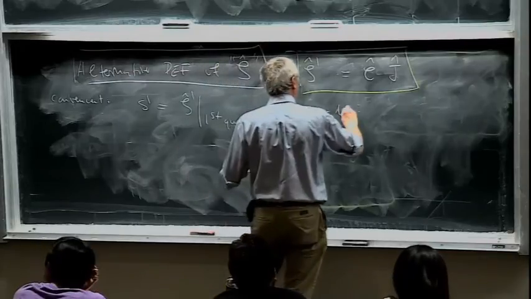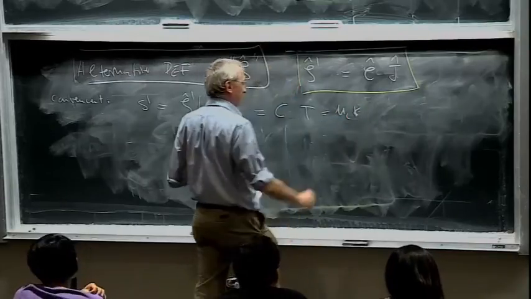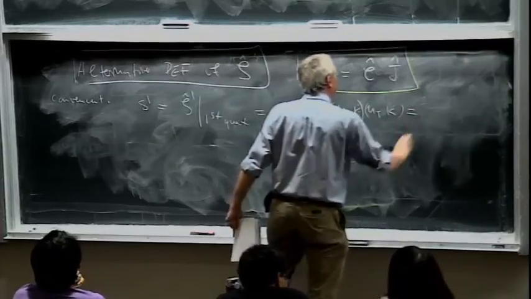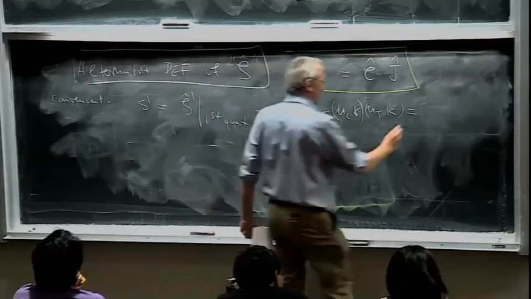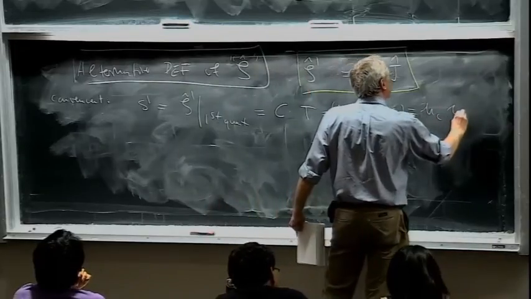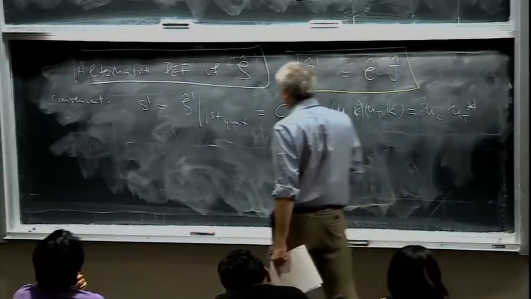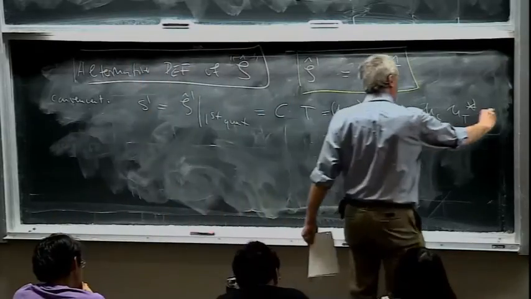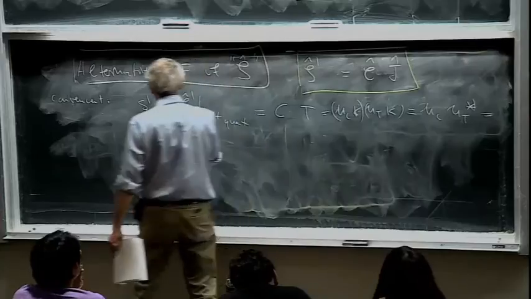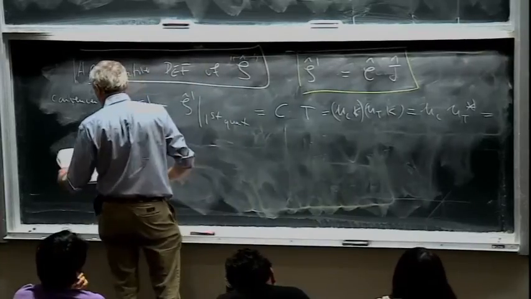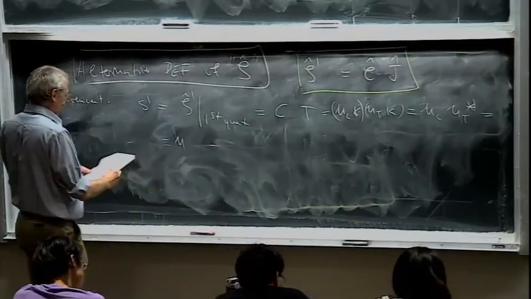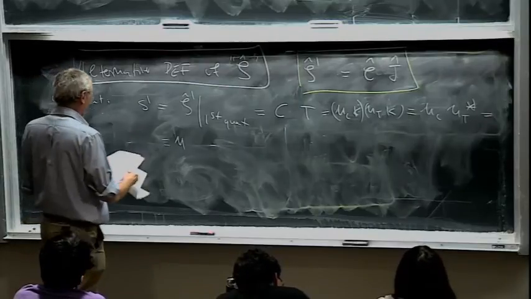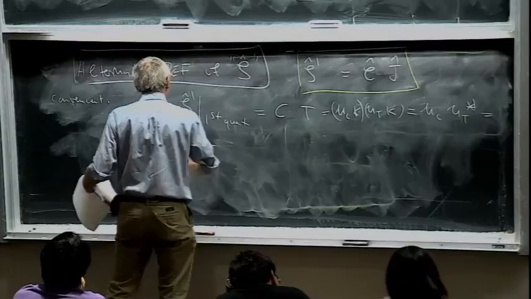So it's UC, complex conjugation, UT, complex conjugation, and it's UC, UT star. And so we may want to call that US primed.